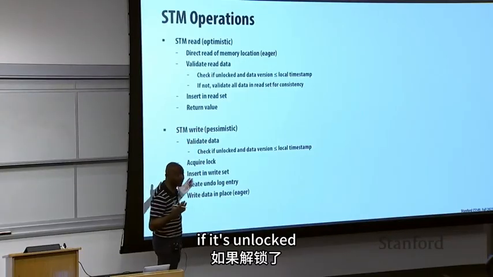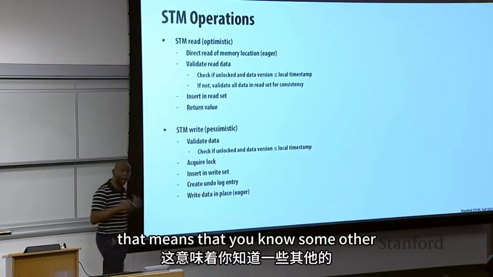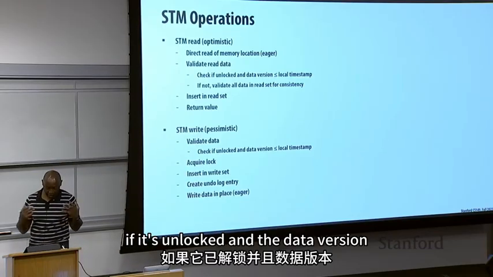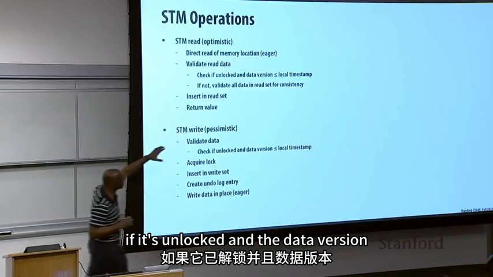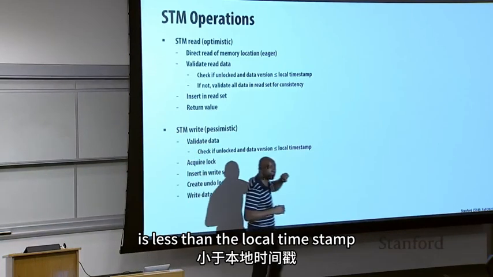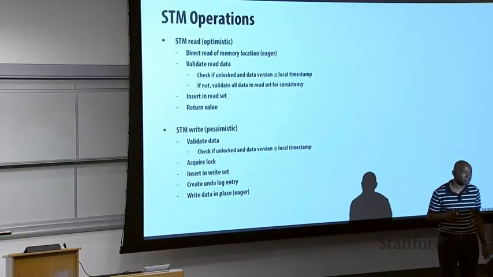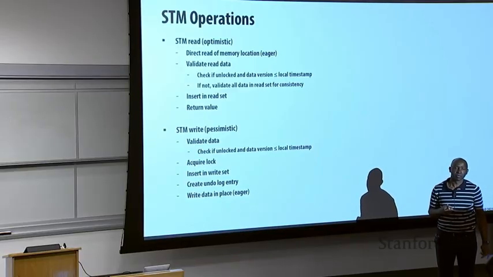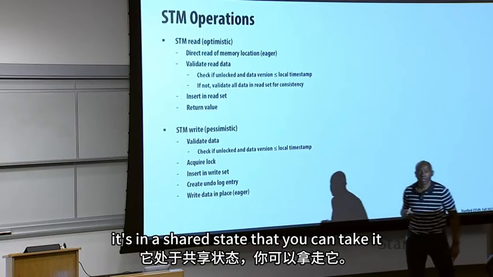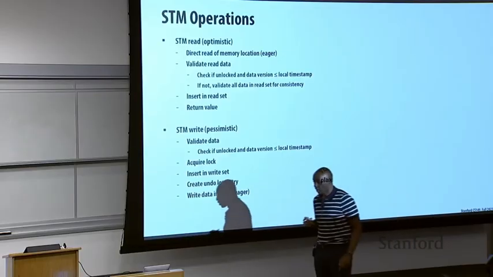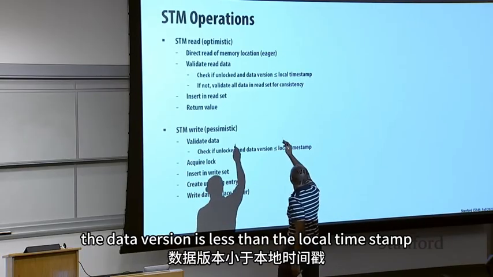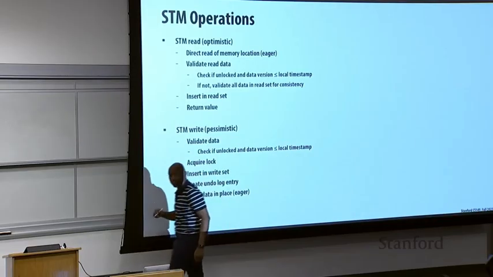If it's unlocked and the data version is less than the local timestamp, what does that mean? Yeah. It's in a shared state, so you can take it as exclusive now. Okay, but what does it mean that the data version is less than the local timestamp? Yeah.